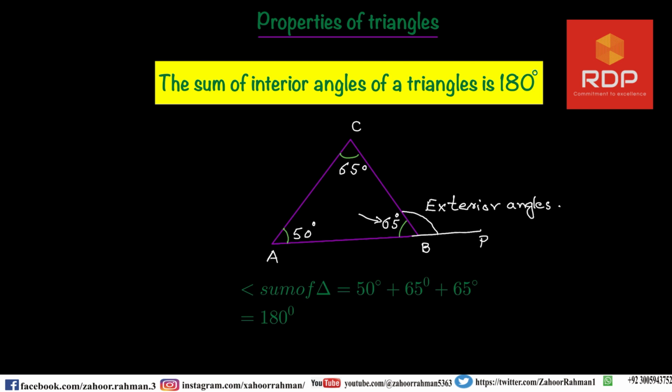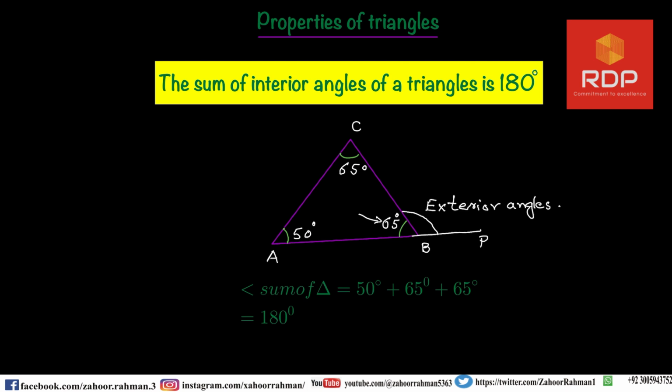Whatever the length of the sides of a triangle is, the sum of all the interior angles must be equal to 180. Let us elaborate it with the help of an example.